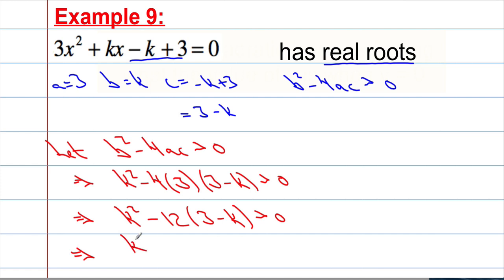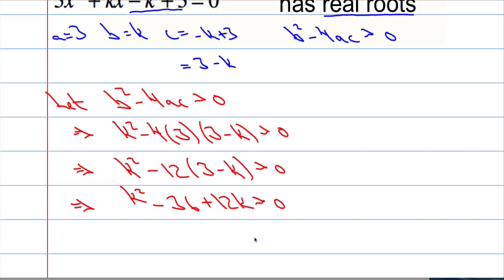And then expand this bracket out, so k squared minus 36 plus 12k must be greater than 0. And I'm just going to rewrite it in a form that I'm used to. So k squared plus 12k subtract 36 must be bigger than 0.